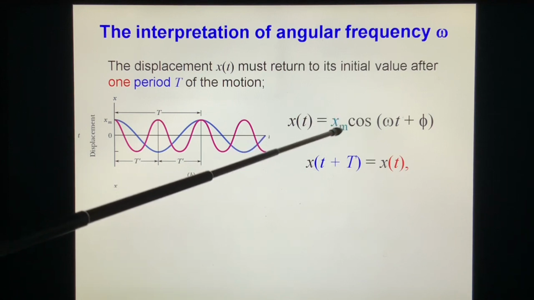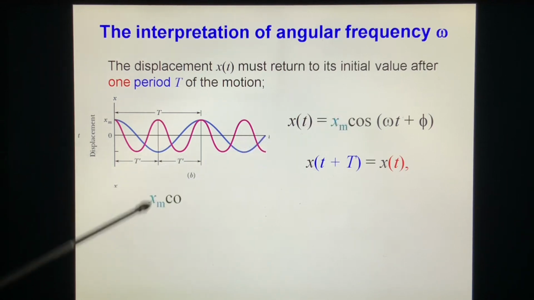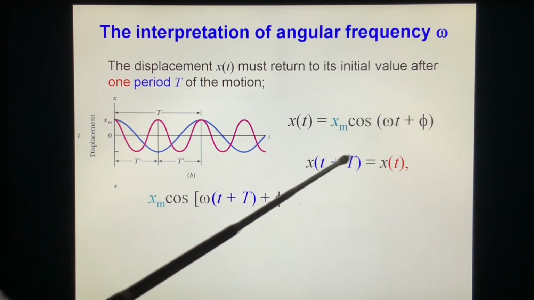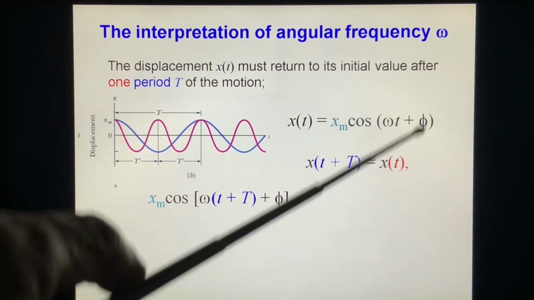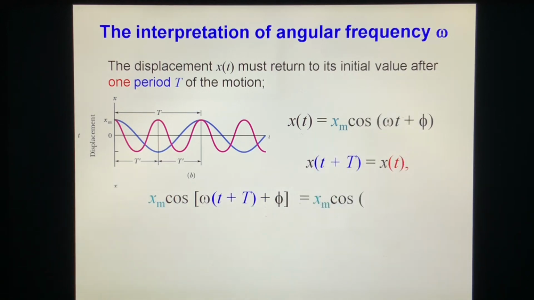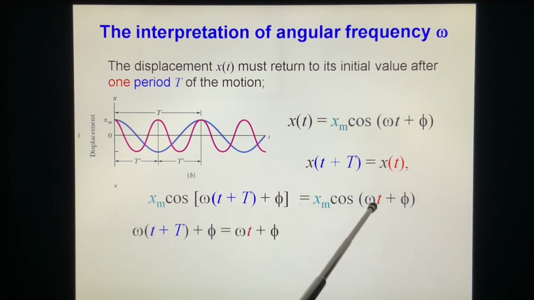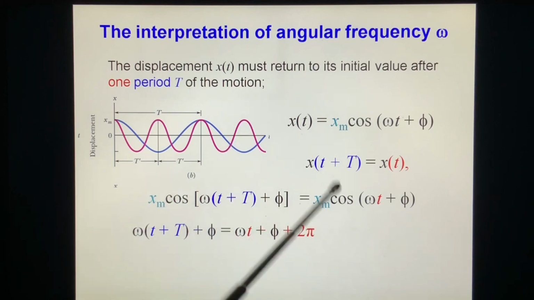We put this into x and get x_m cosine(omega (t plus period T) plus phi) equal to this: x_m cosine(omega t plus phi). This t could be any time, not particular. Then we compare these two equations. x_m cancels out, so the phase omega (t plus T) plus phi must equal omega t plus phi plus 2 pi n.